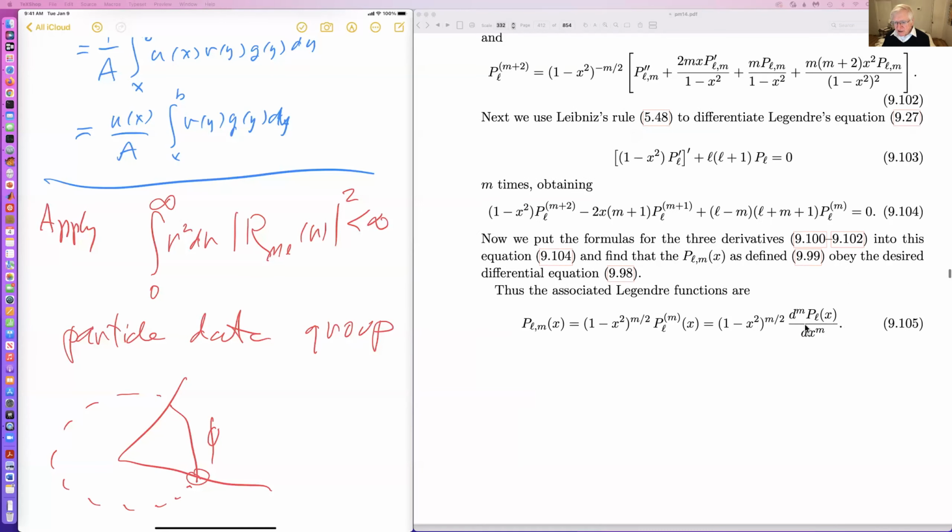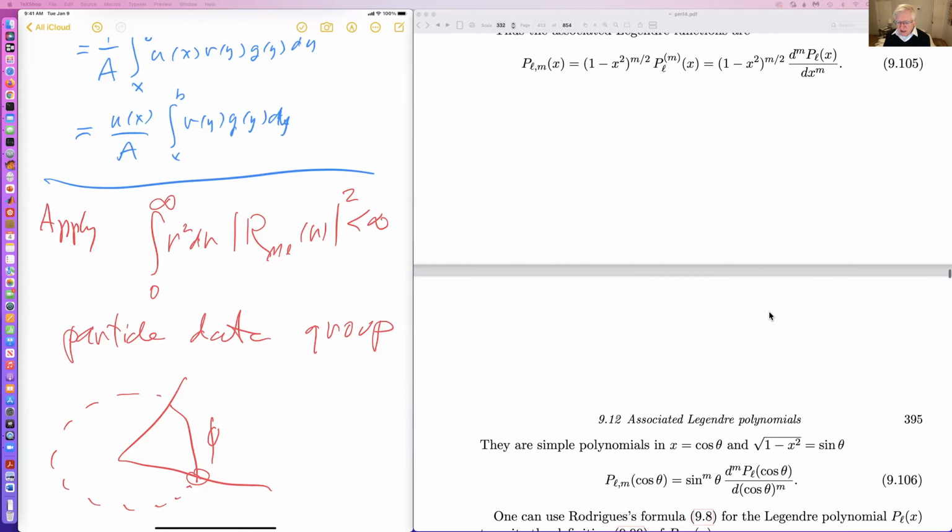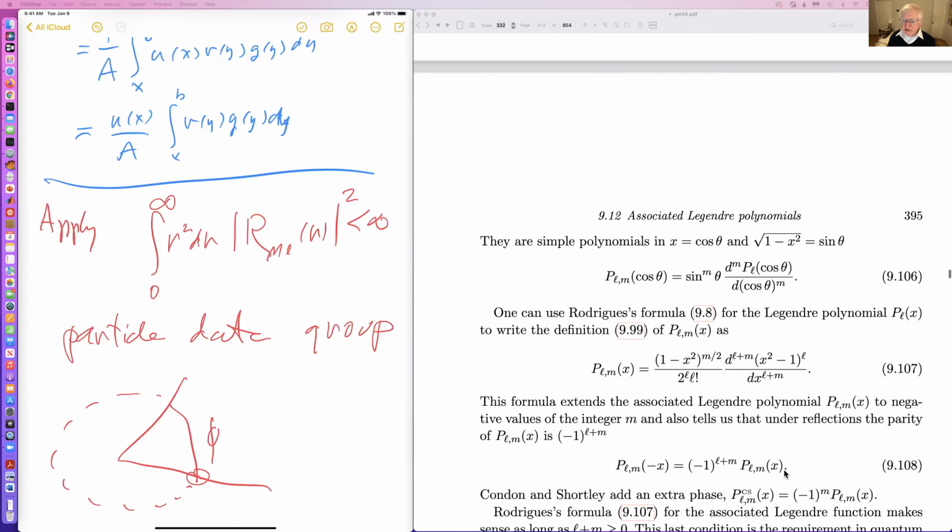So the associated Legendre functions then are mth derivatives of the Legendre polynomials, where parenthesis m parenthesis means mth derivative in a certain notation, multiplied by (1 minus x squared) to the m over 2. And in angular terms, it's sine theta to the m, and then the mth derivative with respect to cosine theta of PL of cosine theta.